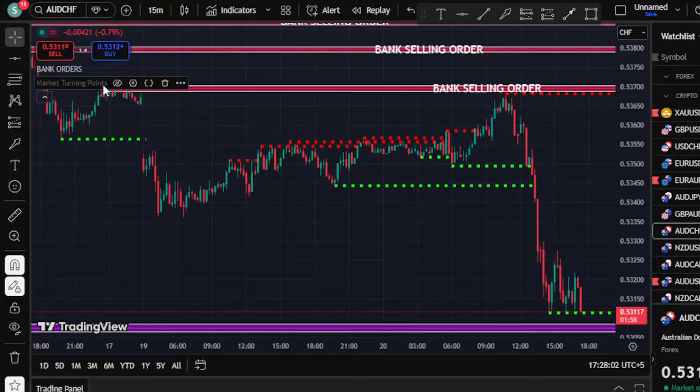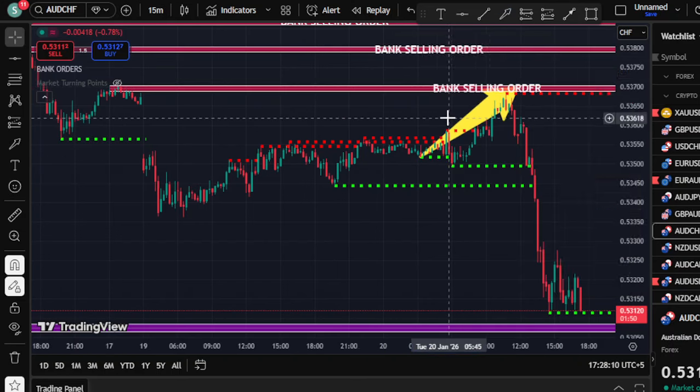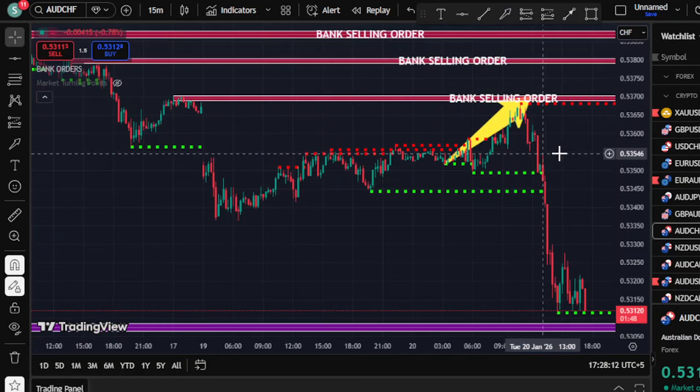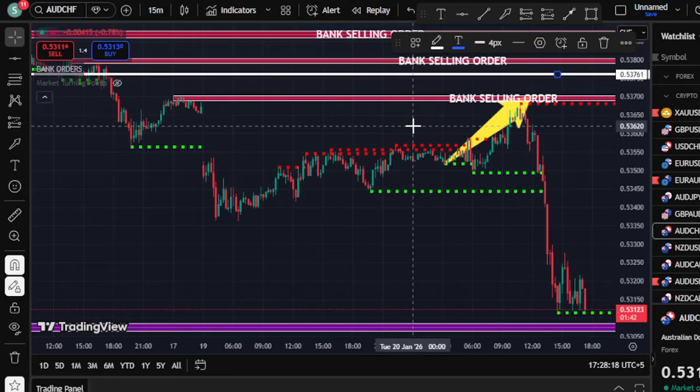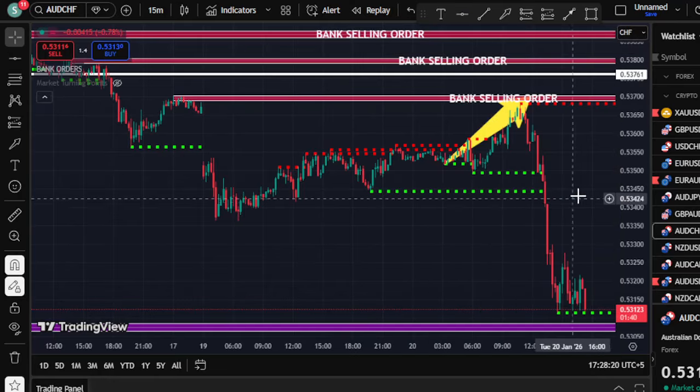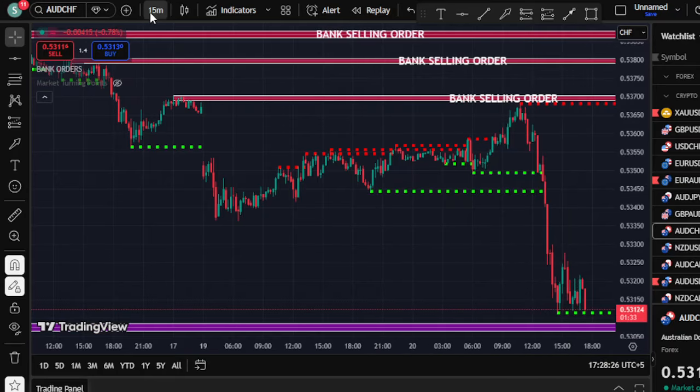Now how to trade them? That's very simple. You can see when the price was here, this level was created, the bank selling order. Then the price came to retest that particular level, and we trade on the retest of this indicator. The retest must be the first retest, not the second, not the third, because if the market comes to test the bank selling levels again, it will be considered weak.